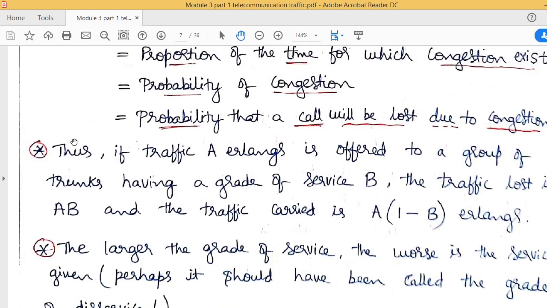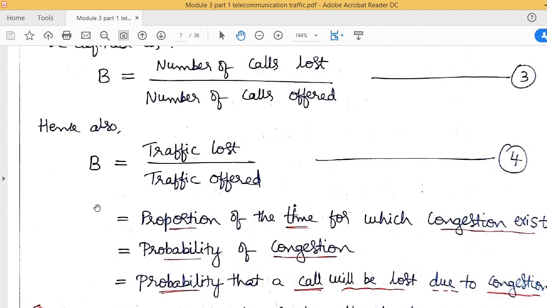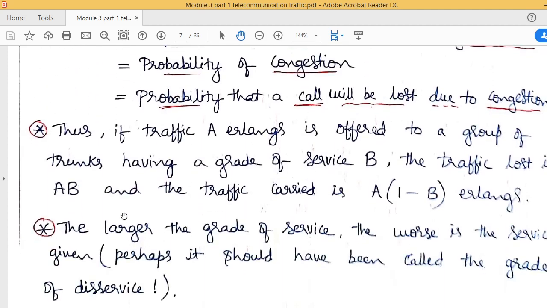So by this equation, if a traffic A is offered to a group of trunks having a grade of service B, the traffic lost will be AB. If the traffic offered to a system is A, capital A, with a grade of service B, then the traffic lost can be defined as A into B. Traffic lost is AB, and the traffic carried will be equal to A minus AB.